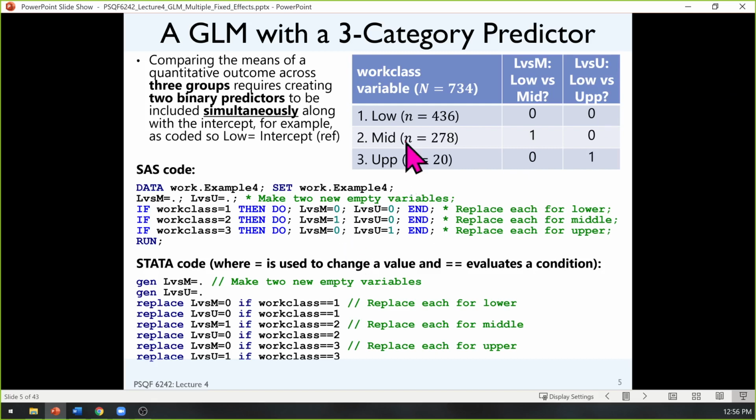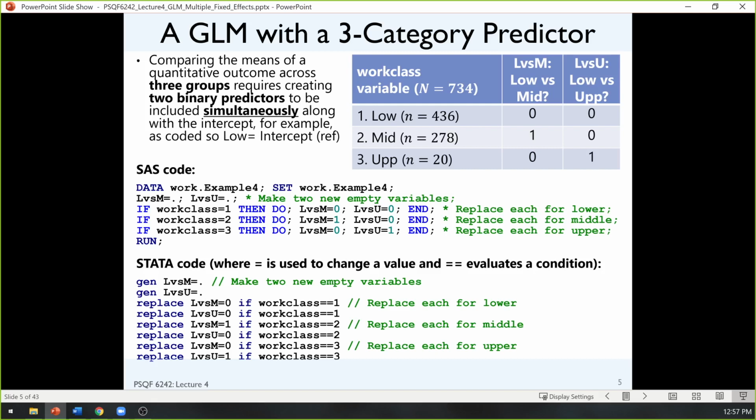To represent this categorical predictor in the model, I first have to create 2 new binary predictors. And the coding scheme here is known as dummy coding or contrast coding. This coding scheme makes one of the groups the reference and then gives me the mean difference for the outcome for each other group relative to that reference.